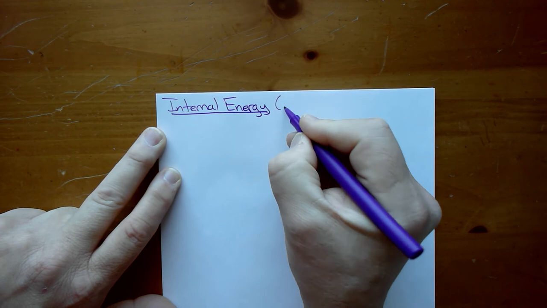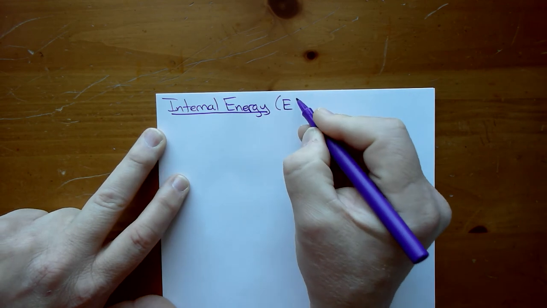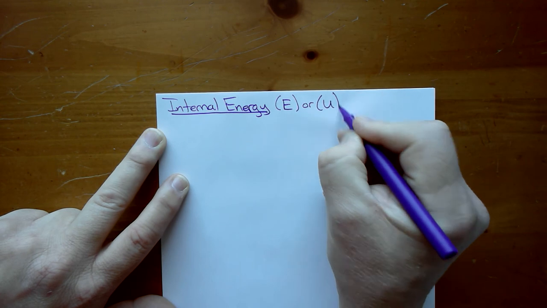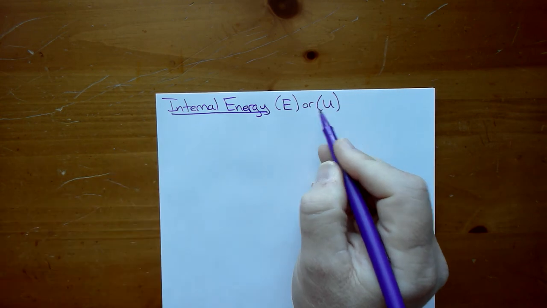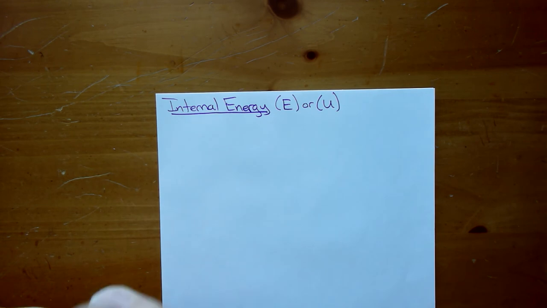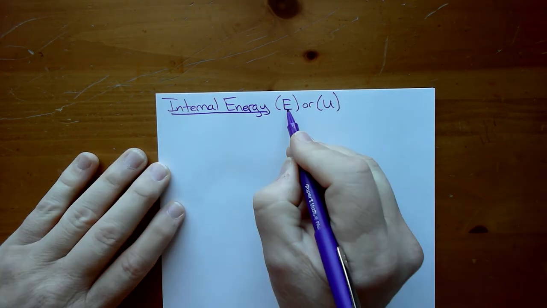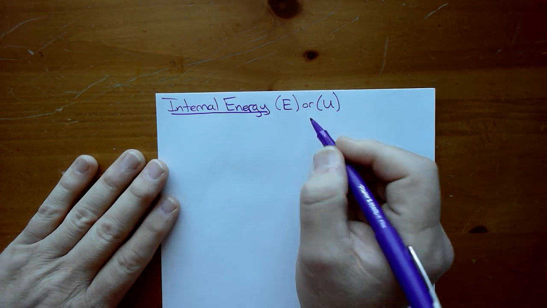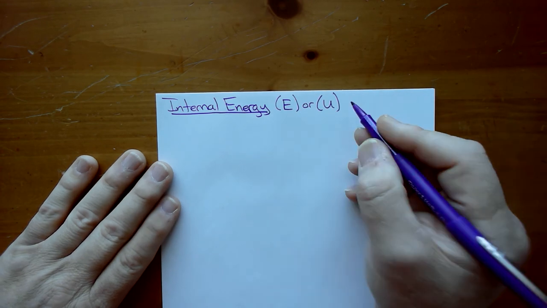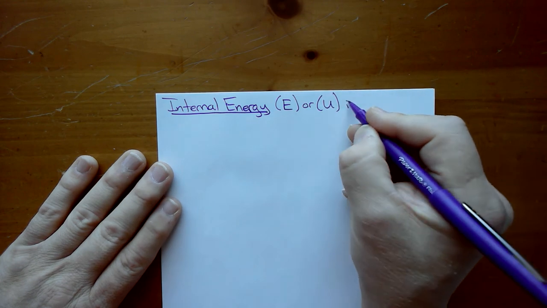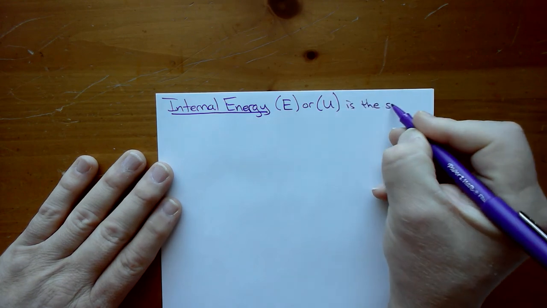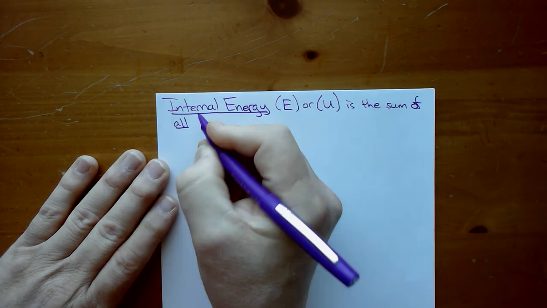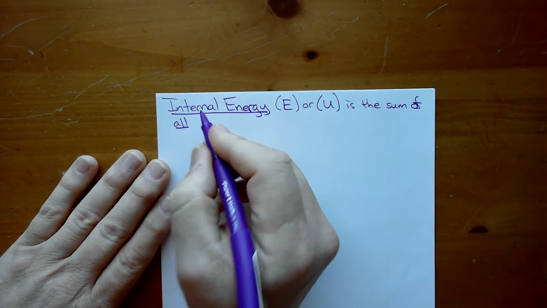Represented with a capital E, or it could also be represented with a capital U. I think in engineering they use a U. In chemistry you use an E, but your book uses U. Almost every other book I know uses E, but I'll put them both up here so if you see them you'll know that they're both interchangeable for internal energy. And internal energy is the sum of all of the kinetic and potential energies in a system.